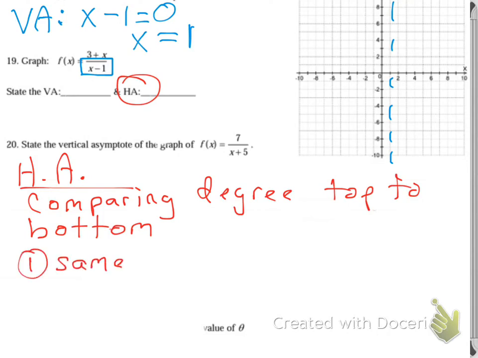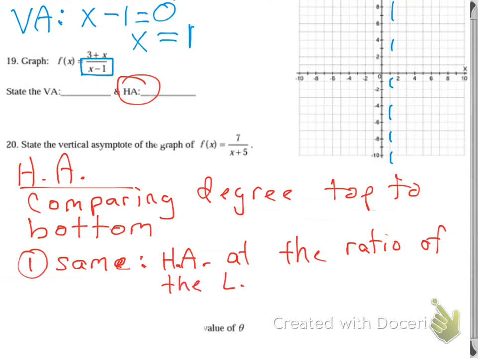If they have the same degree, all you have to do is you'll have a horizontal asymptote at the ratio of the LCs, leading coefficients.